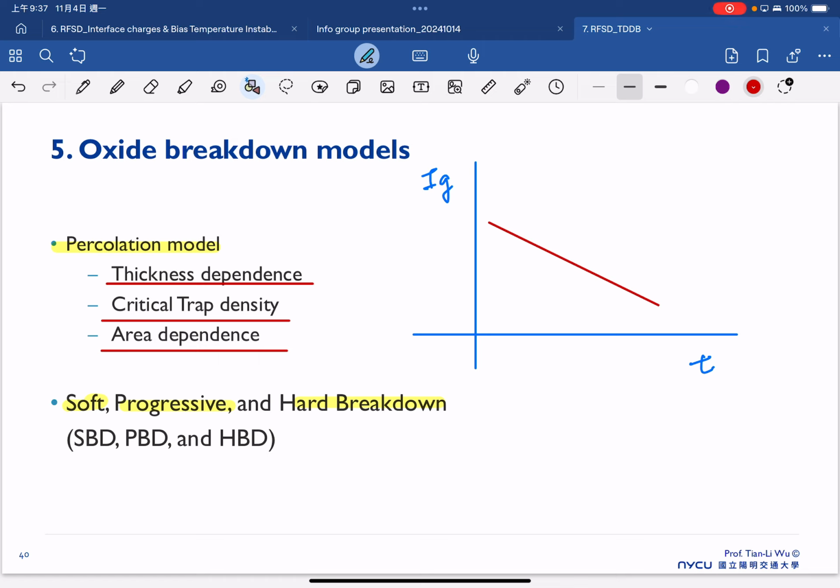First we have the current decrease, and after a certain moment we start to see the current increase, and this normally only happens in the case of a thick dielectric.